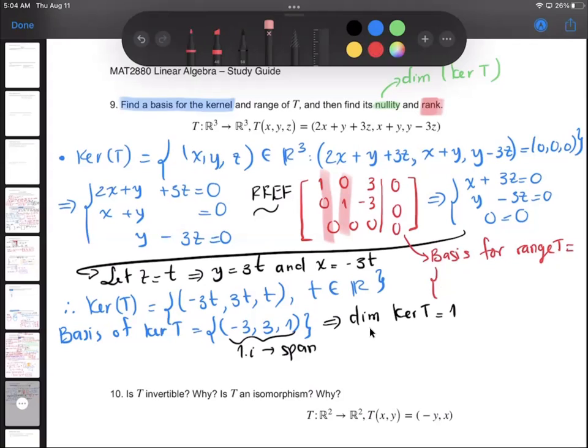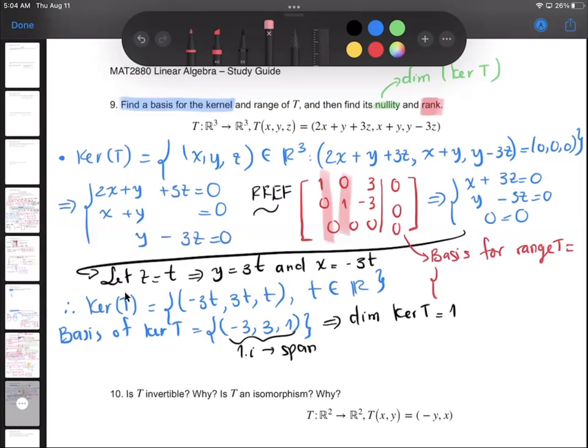So yeah, (2, 1, 3), sorry, (2, 1, 3), and (1, 1, 0). Right, so as you can see, the dimension is the dimension.